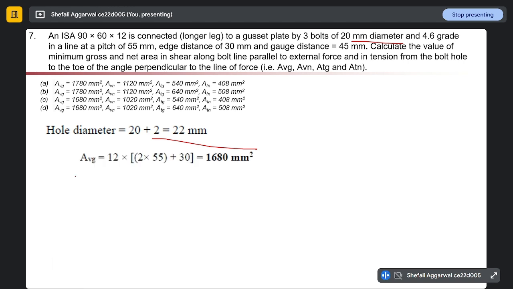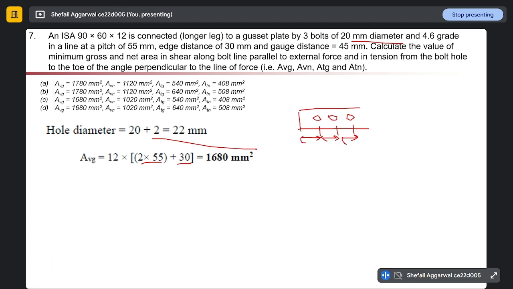So area AVG, the gross area in the direction of loading, will be given as 12 into thickness, into 2 into 55, so 2 times the pitch distance plus 30 edge distance.